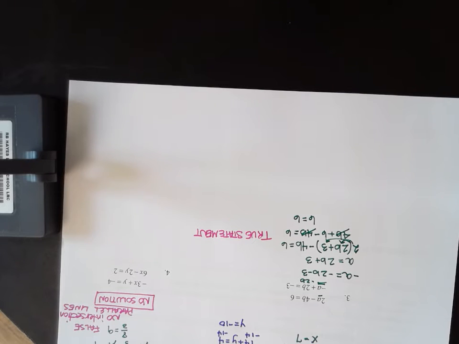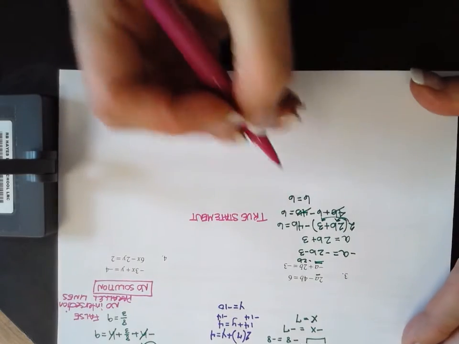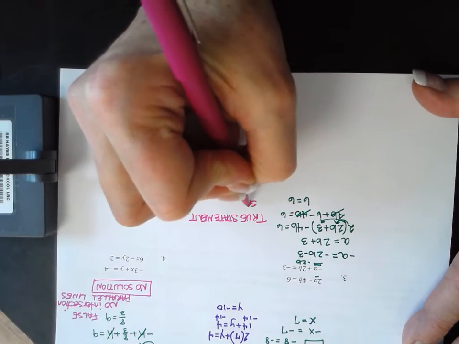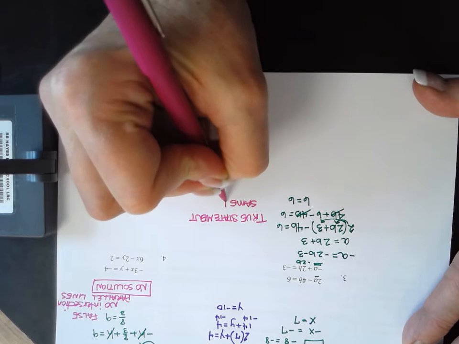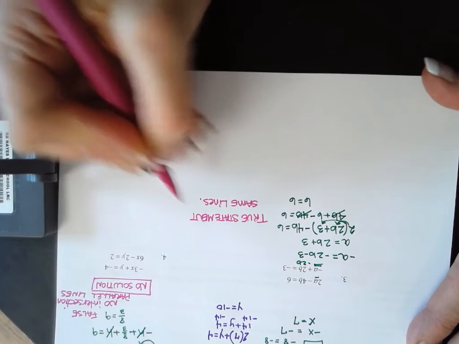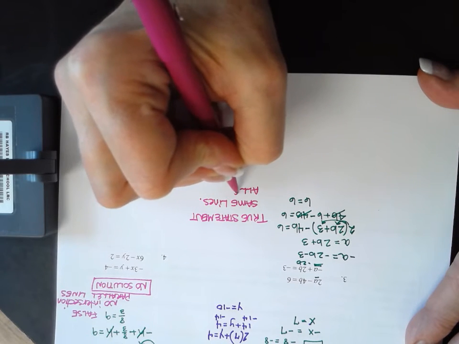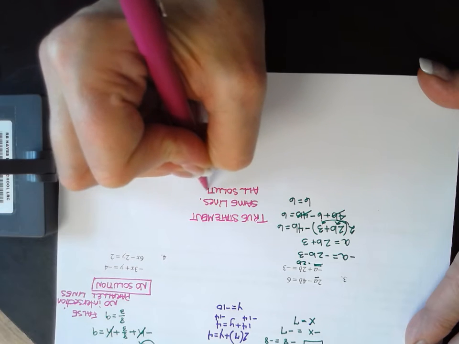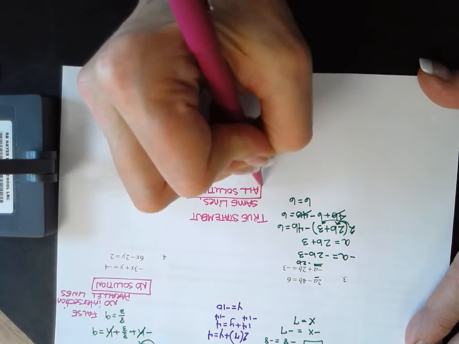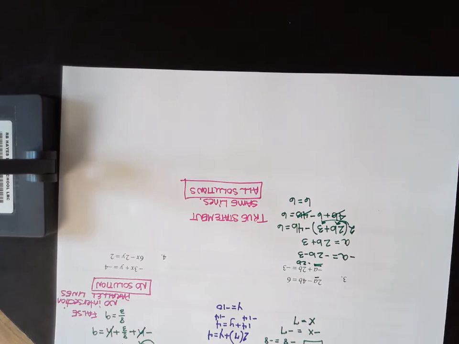Every number is going to be a solution. Okay? This means it's basically the same lines. And so it is all solutions. Think of it as the two lines are laying on top of each other. And so every point is an intersection point.